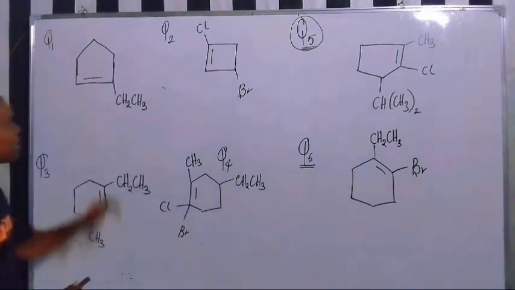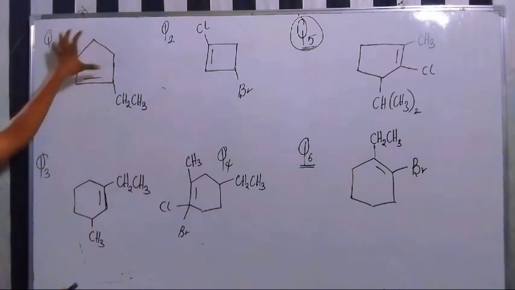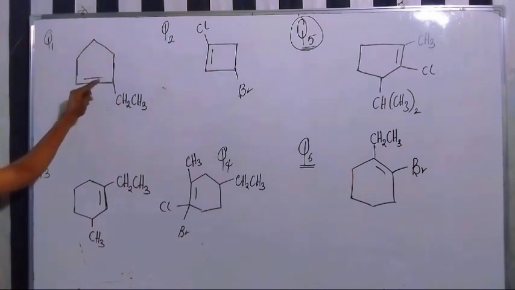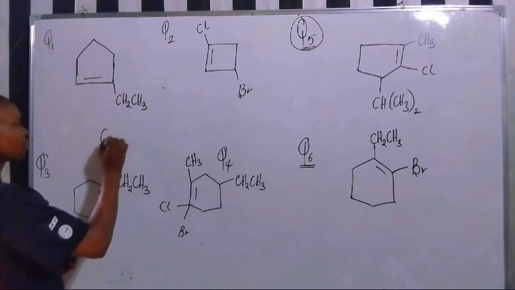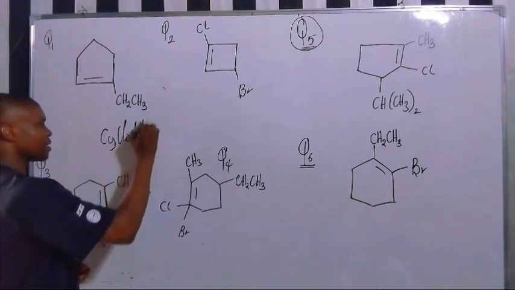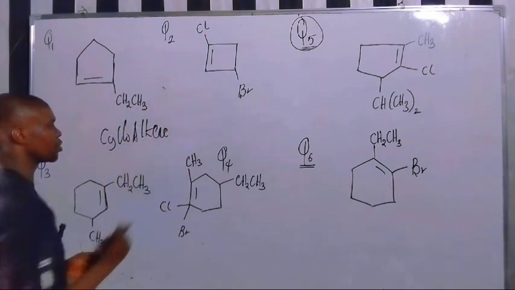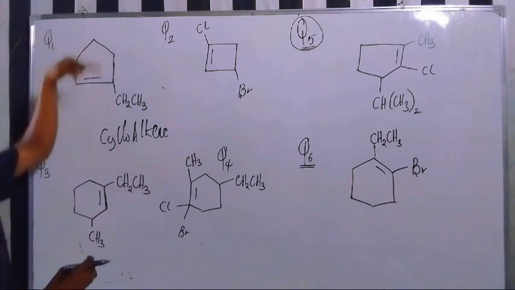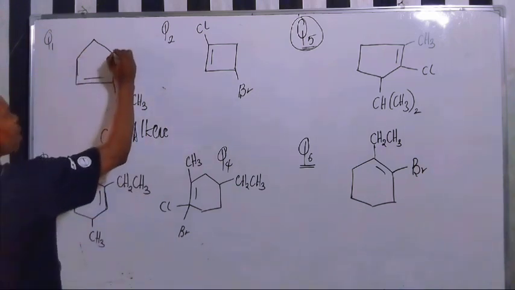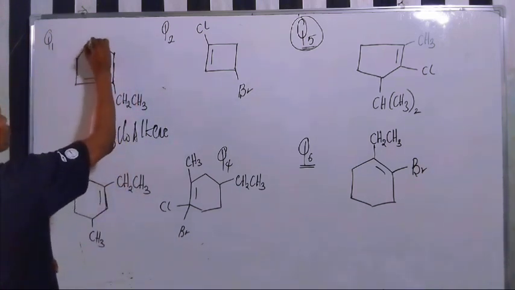But now let's name some here. So we have a cyclo compound here that contains a double bond. It's called a cycloalkene. You see that? Now, how many carbon atoms are you seeing in the ring here? 1, 2, 3, 4, 5.